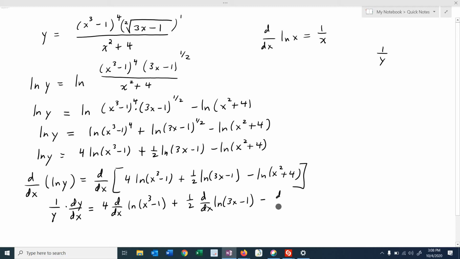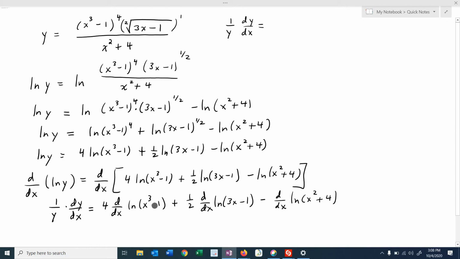And then the final one is subtracting the derivative of this logarithm. Okay, so let's find the derivative of each of these. Okay, so on the left-hand side, we just still have 1 over y dy dx.